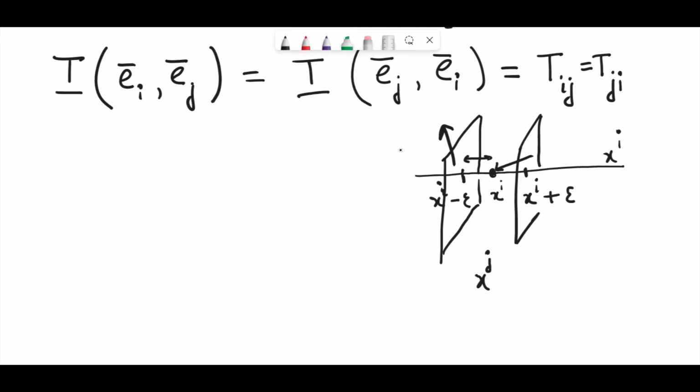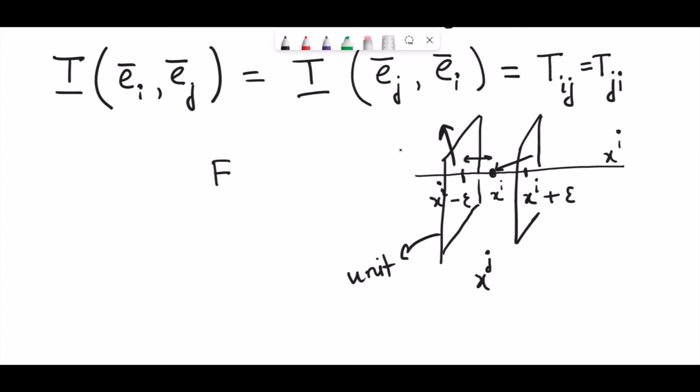Or it could be the other way around. We could have constructed this whole process on the coordinate line of x^j, and then the force that we are interested in, we could have taken the ith component of the force. And not only the force, but the force across the unit surface area. So if these surface areas are unit, or we could have just divided that component of the force.